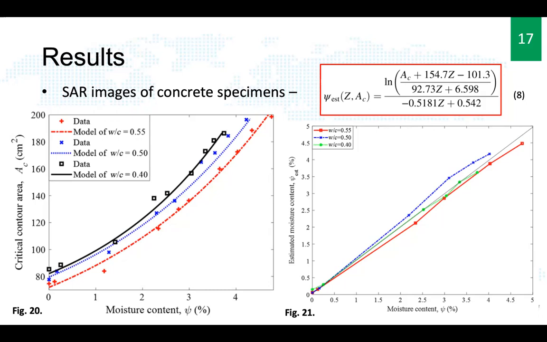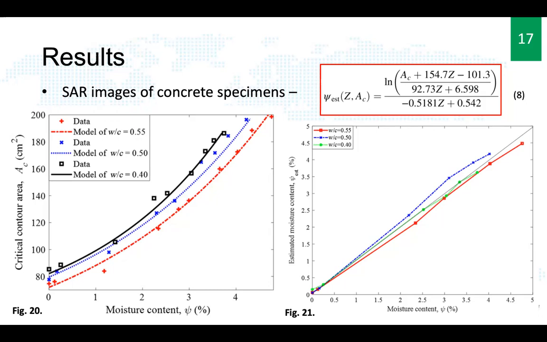Now, the x-axis is the actual moisture content, and the y-axis is the estimated moisture content. If the model in equation 8 was perfect, then all the results would be aligned with the 45-degree slope.